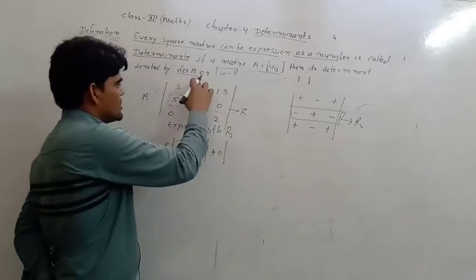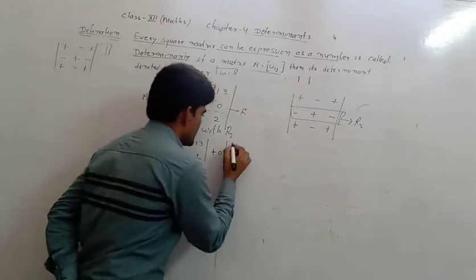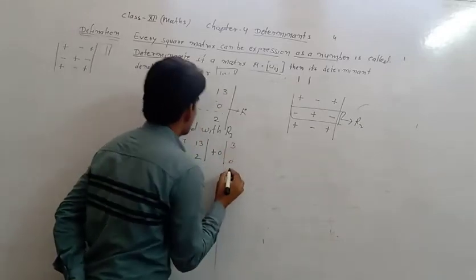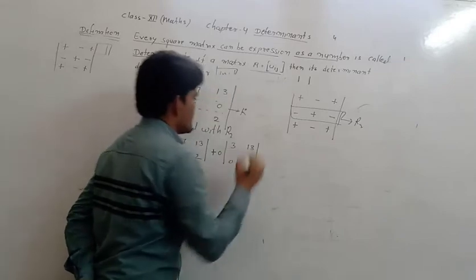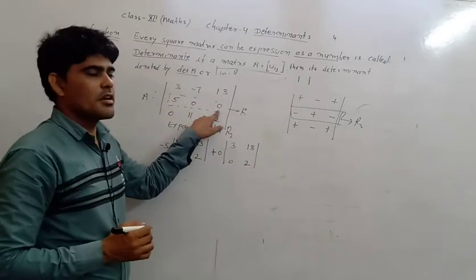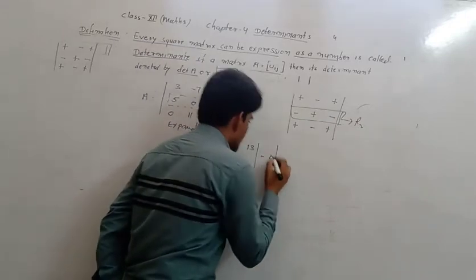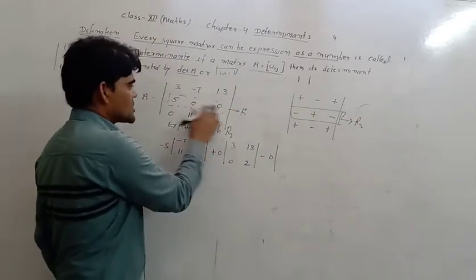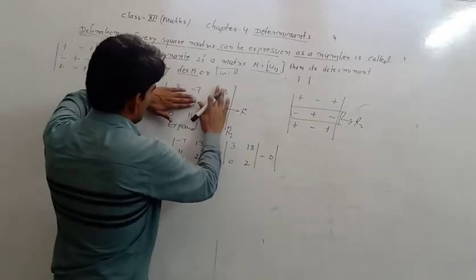This column and this row are shaded. Then 3, 0, 13, 2. Then the third number with negative 0, and this row and this column are shaded.